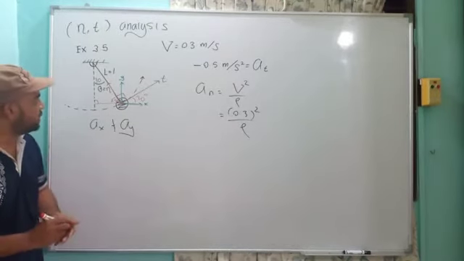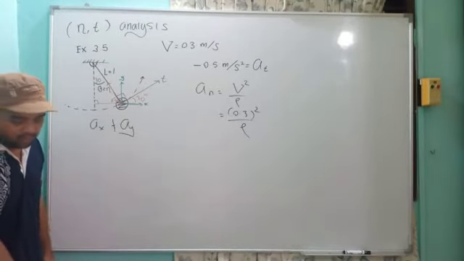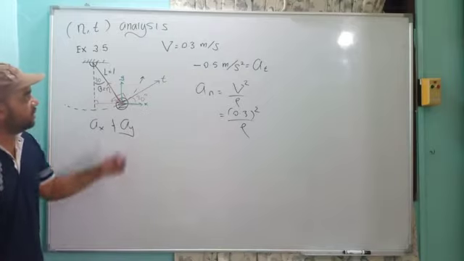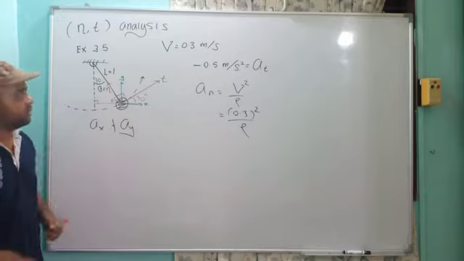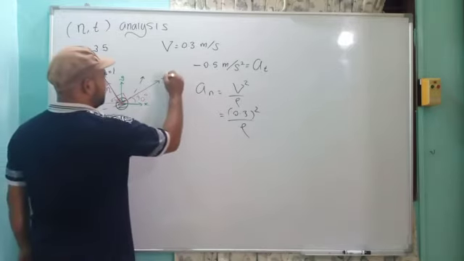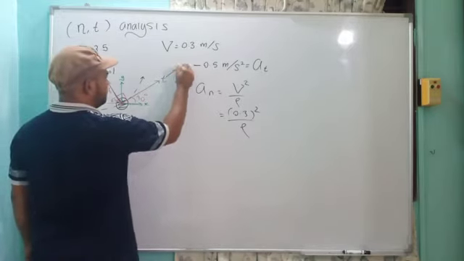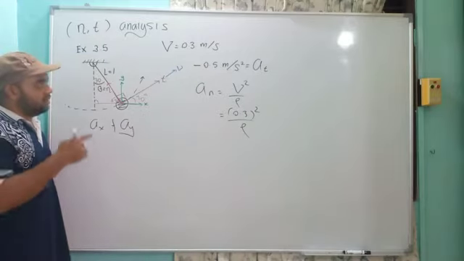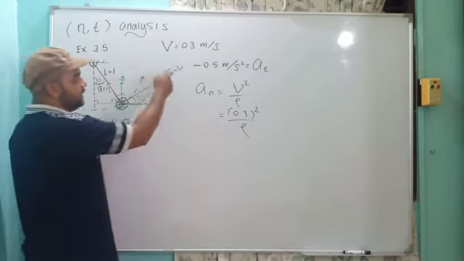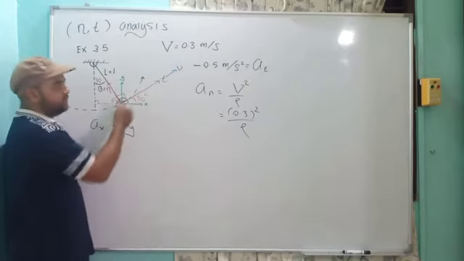So your job is to draw the direction of AN and A tangent. This is the direction of velocity, and now A tangent, because it is negative, is in the opposite direction to this one.